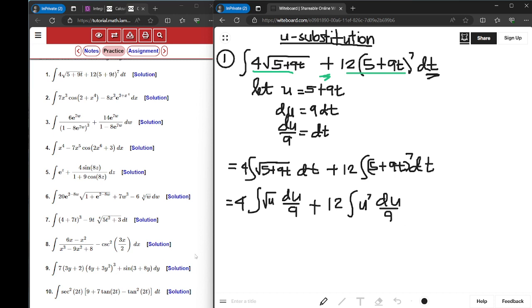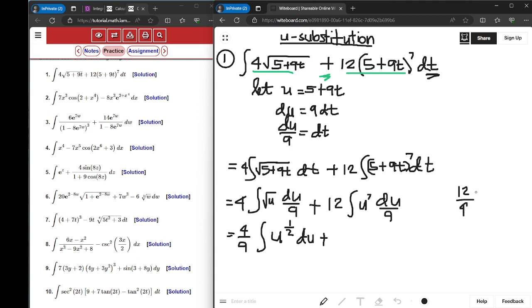Then we'll move out the constants. That is 4 over 9 times square root of u, which can be expressed as u to the power of 1/2. Then do not forget to multiply it by du. Plus 12 over 9 is 4 over 3, since both are divisible by 3.